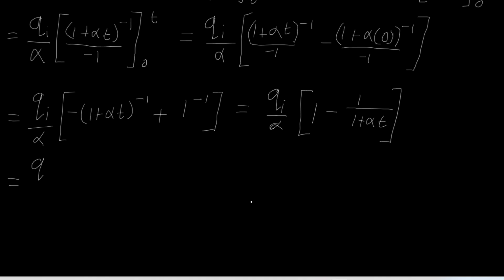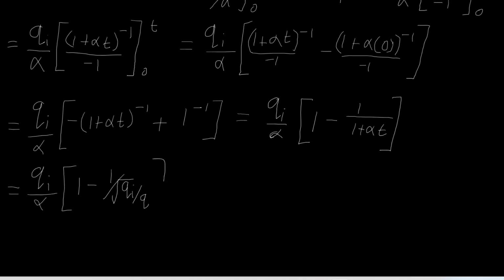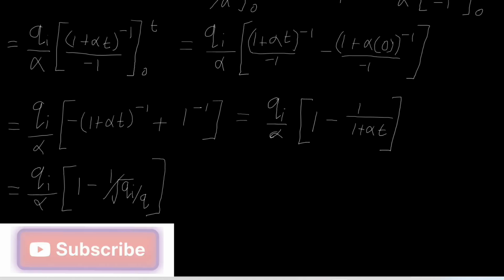So for that reason, you can then write this to be qi over alpha times 1 minus 1 over square root of qi over q. We can use this formula or this formula, whichever one pleases us. They are all correct.